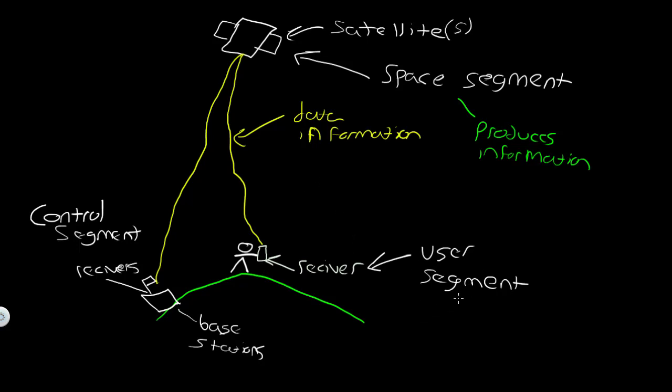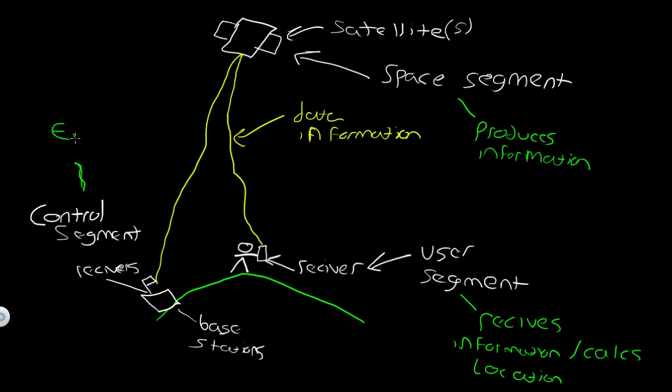The user segment receives information and calculates location. The control segment, as the name control might imply, is all about error processing.